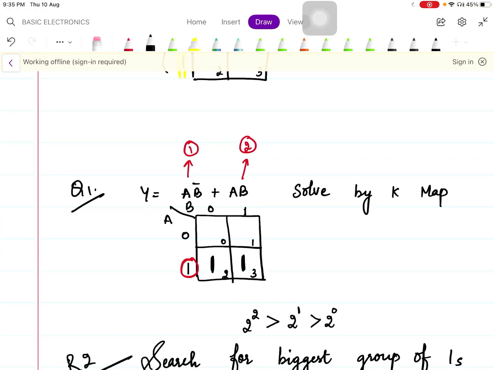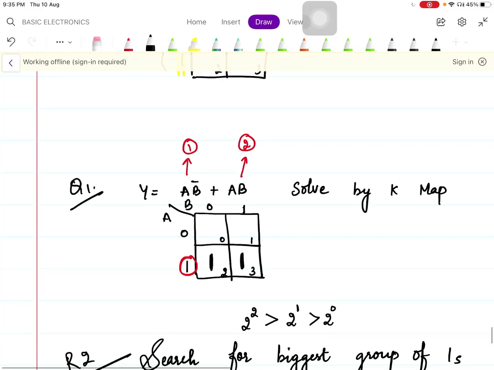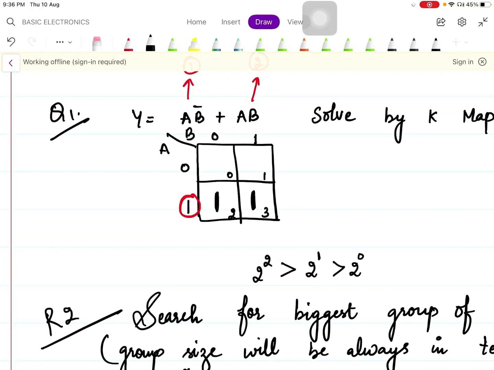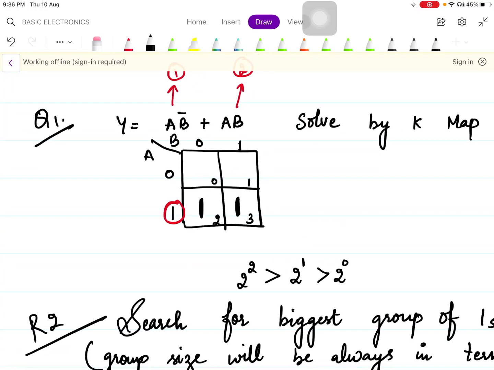Now, when we have filled ones in the corresponding term cells, what do we have to do? We have to make the groups of ones. Now, rule number 2 says that we have to search for the biggest group which is possible. So do not pay attention only to whatever is easily visible to you, but search for the groups.